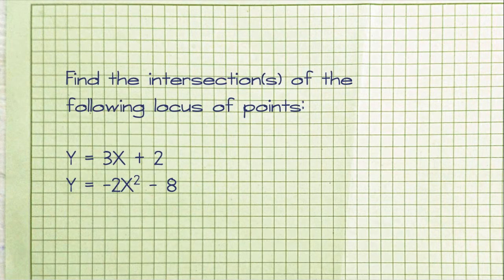Locus of points means the same as path of points o ito yung tinatawag natin ng mga curves o lines o equations to represent a path of points in a chart, in a graph. Locus means path. Okay, so now we go to our Microsoft Excel.